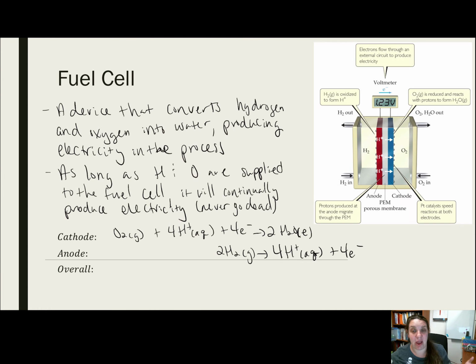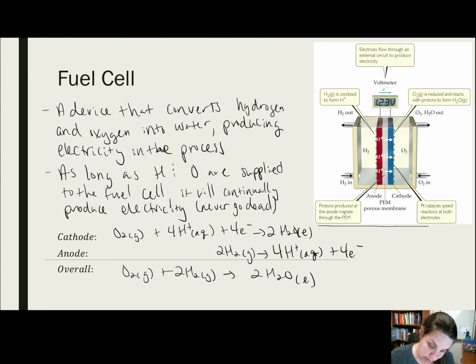So you're basically supplying H2 and O2 here, and the overall reaction is O2 gas plus 2 H2 gas gives you 2 H2O liquid. You can see that here: introduction of H2 and O2, and it has a cell potential of 1.23 volts.